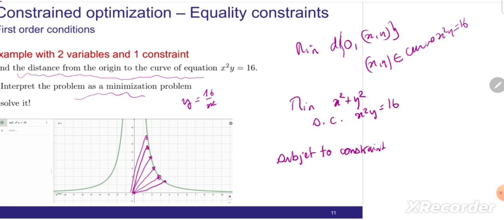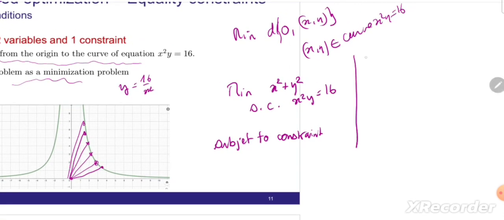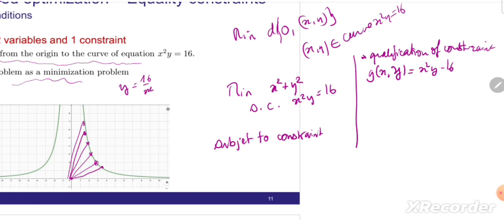Okay? So first thing, we should look at qualification of constraints. Are there any points that are not qualified? So maybe we could rephrase our g of xy as x squared y minus 16, and we take the gradient of g, and the unqualified points are going to be the ones that cancel that gradient.